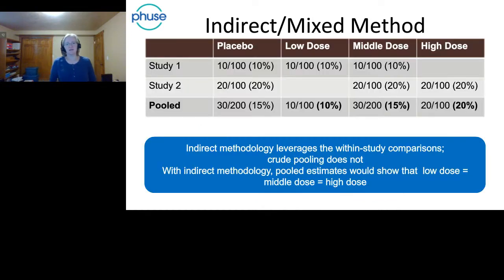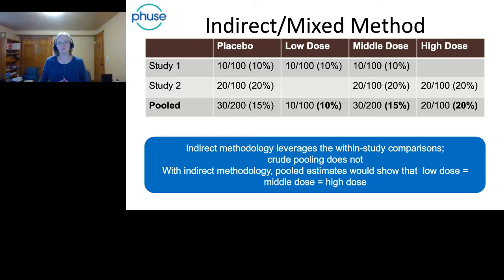So let's look at this example again. This was also an example where I was trying to show how crude pooling can completely mislead you, right? If you just crudely pool the data, it looks like there's a dose relationship when there really isn't. The studies show a complete lack of dose relationship, but when you just crudely pool the data, not even considering that the data are coming from two different studies, you can get completely misled.